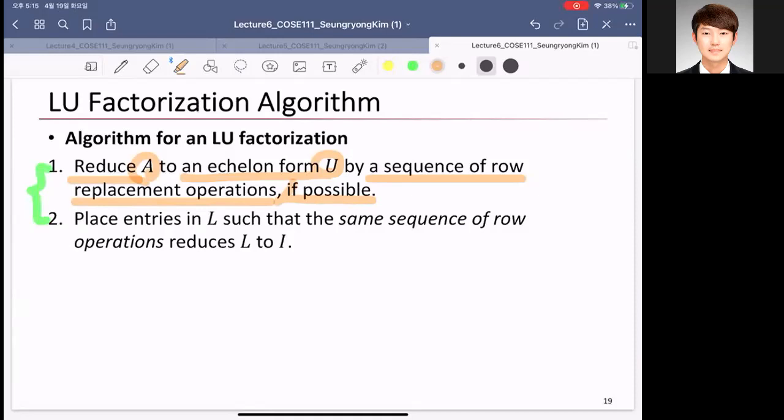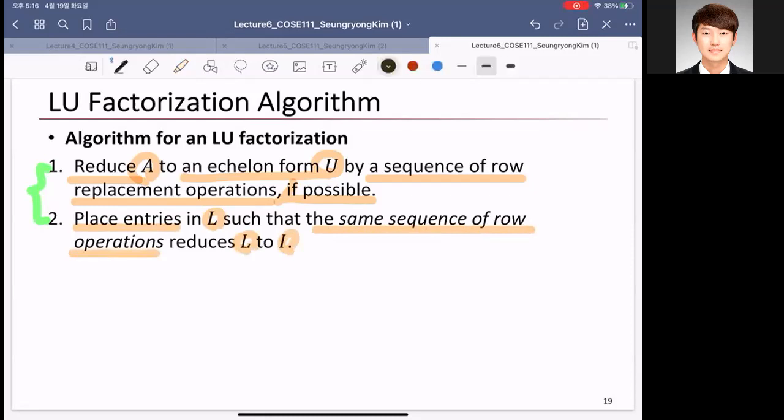I mean, if we can't row reduce matrix A to the echelon form U by a sequence of row replacement operations only, we can't use the LU factorization. So we just assume that row replacement operation is all you need to compute the row reduced echelon form. And then place entries in L such that the same sequence of row operations reduces L to I.